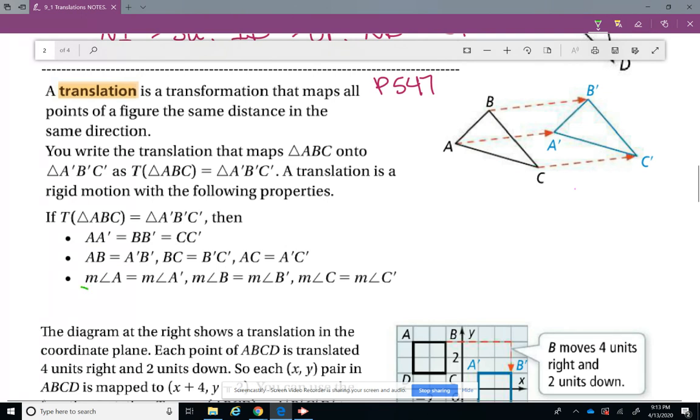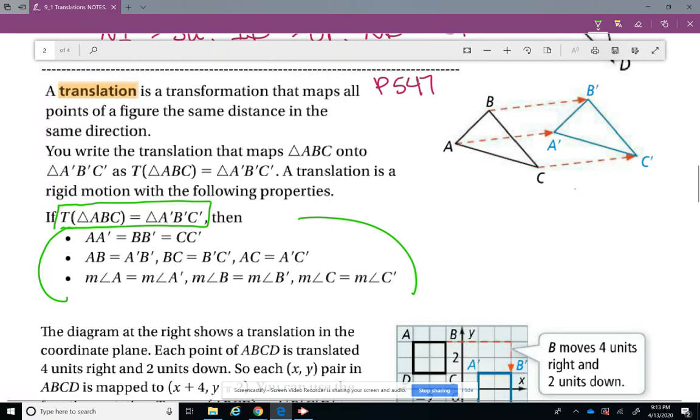And then the measure of angle A is equal to the measure of angle A prime. The measure of angle B equals the measure of angle B prime. The measure of angle C equals the measure of angle C prime. So that explains the picture. It explains the new way to say that you're translating one shape onto another, and this is the explanation of what happens.